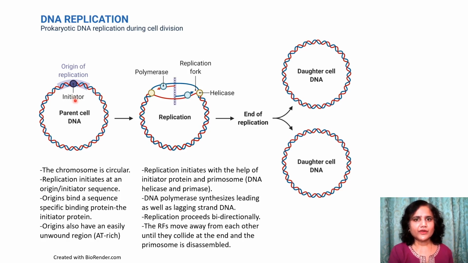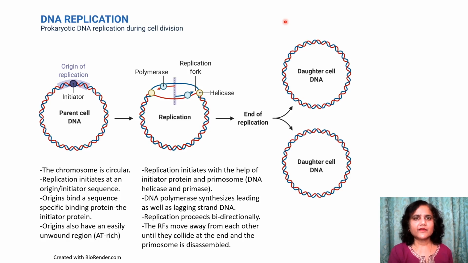The origins also have an easily unwound region, which is AT-rich in nature. So an AT-rich segment is easily unwound relative to other random sequences, because as you know, AT base pairs have only 2 hydrogen bonds as opposed to GC base pairs which have 3 hydrogen bonds.